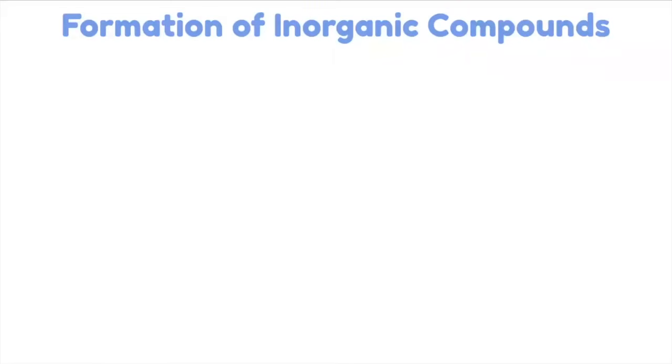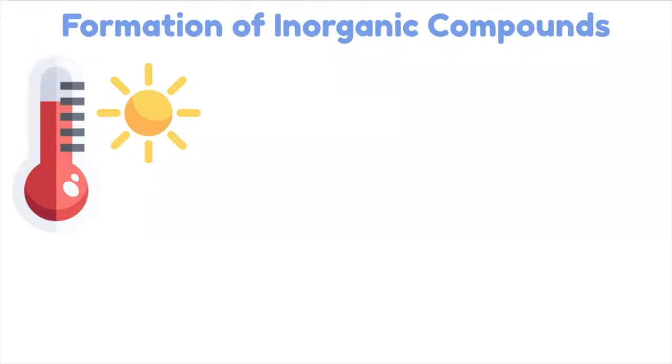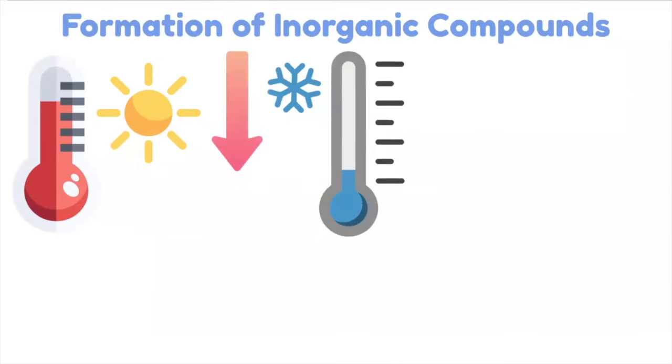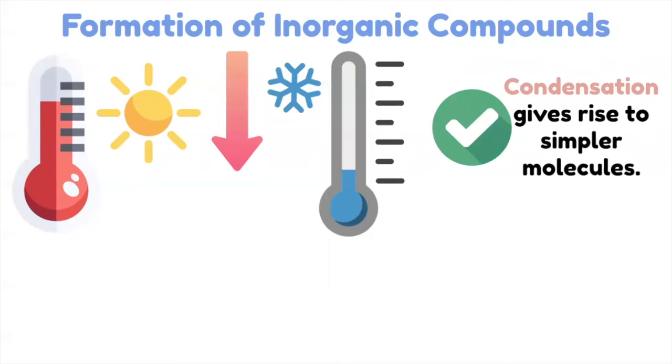So, in the formation of inorganic compounds, remember that the high temperature of primitive Earth didn't allow the condensation of atoms to form inorganic molecules. As the temperature of Earth went down, condensation of different atoms gave rise to simpler molecules.